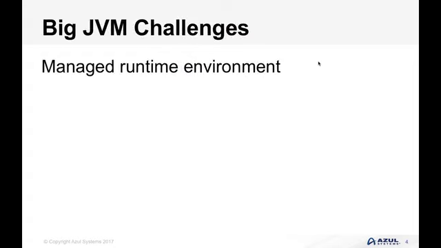If we look at the JVM, what we're actually dealing with here is a managed runtime environment. This is the whole idea of shifting away from the way that things used to be done traditionally with programming languages. Going back to the beginning of Java 22 plus years ago, most languages were compiled directly into native instructions.